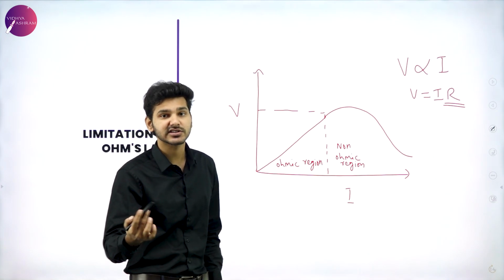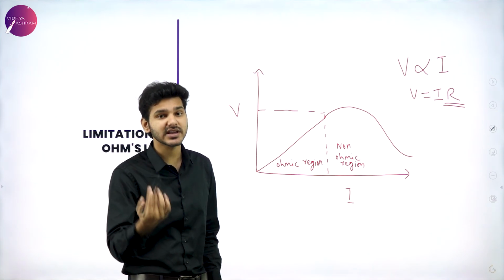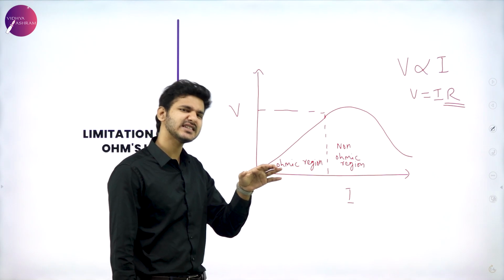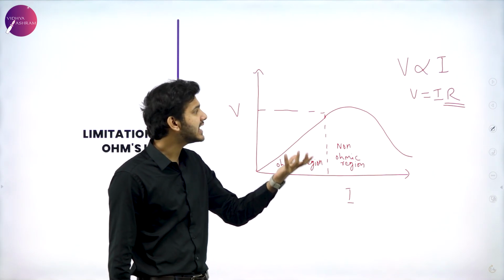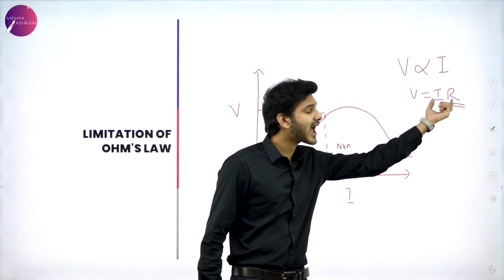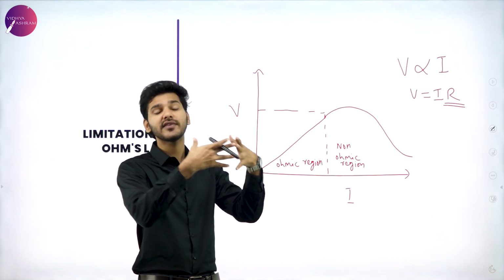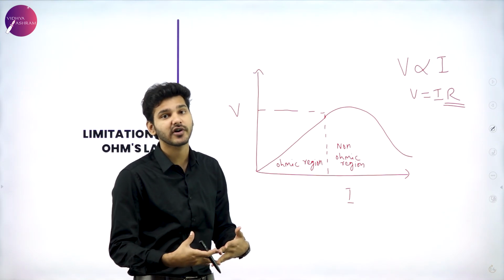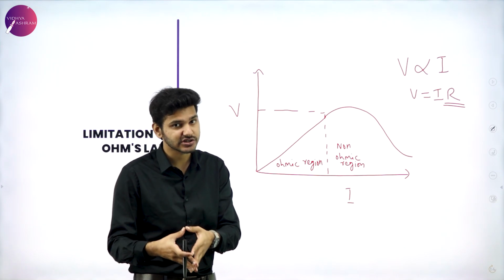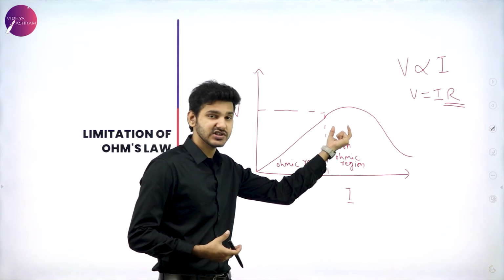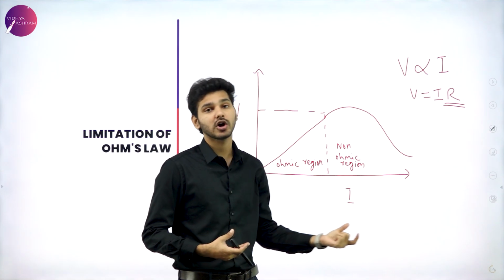But at high currents or high temperatures, that is when the temperature is changing rather sporadically, then R does not actually behave as a constant value. We have to introduce higher values of R or lower values of R depending on the conditions. So after this particular region, R is no longer a constant value.